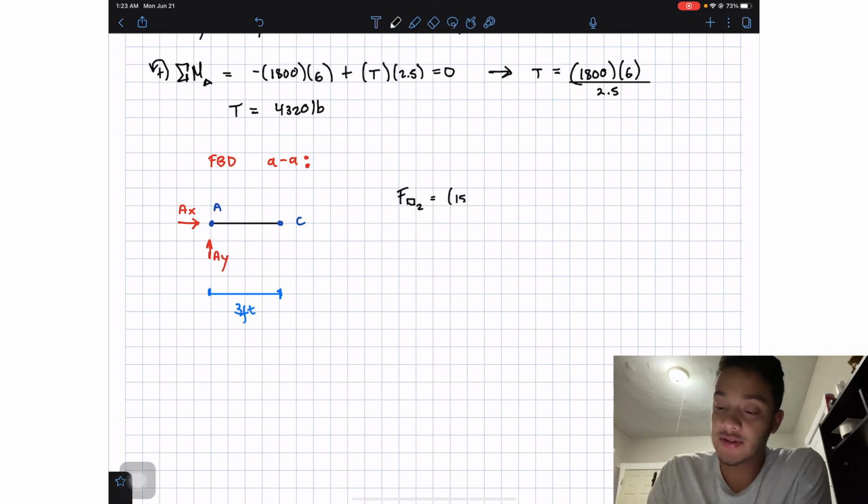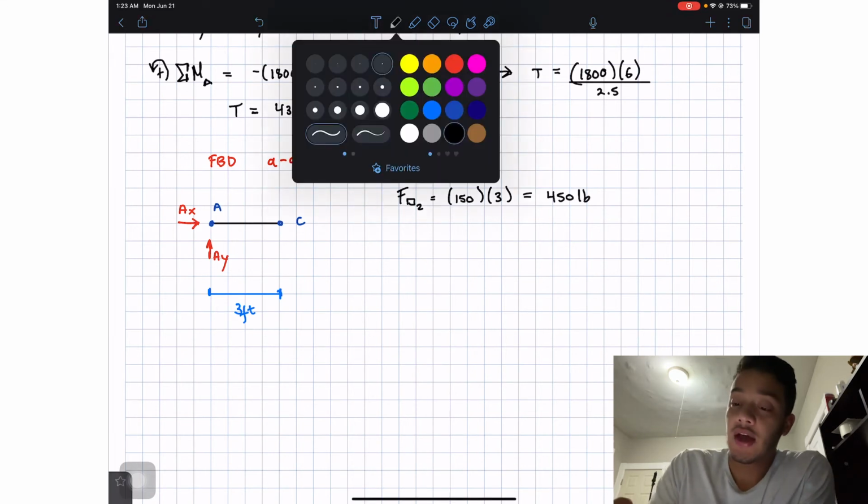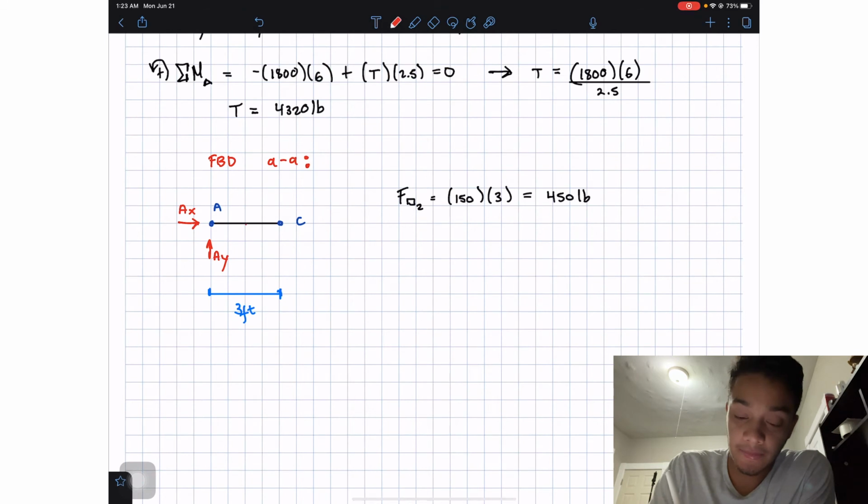The height is the same, which is 150, but the base changed, which is just 3. If we multiply this, we get 450 pounds. And its new location is going to be at the middle of those 3 feet. So we'll have 450 pounds in here, and that middle obviously should be 1.5 feet.